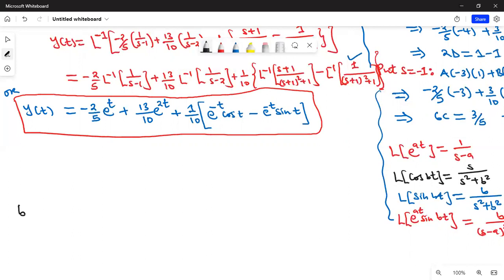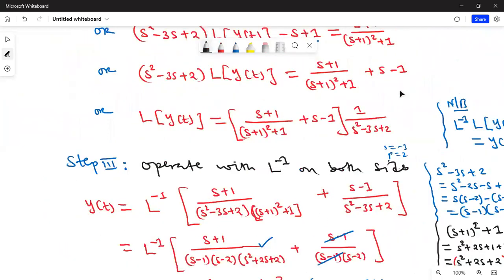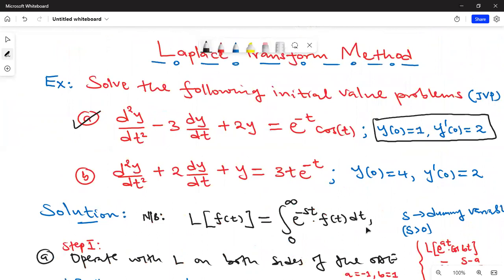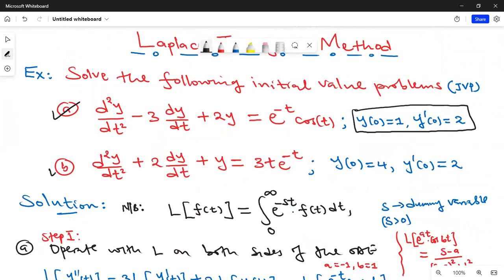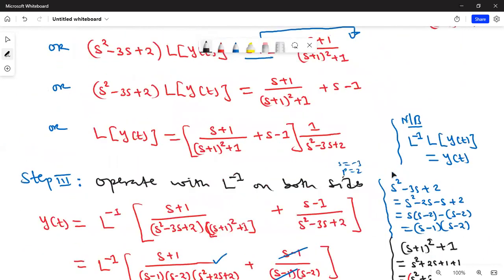Let's work out part B. Of course, I'm not going to write so many things. Let me rewrite the equation in terms of the prime notation. The ODE in part B can be written as y double prime plus 2y prime plus y is equals to 3t exponential negative t. So that's what I'll write here, our ODE.